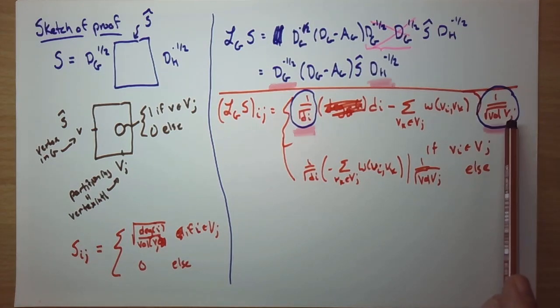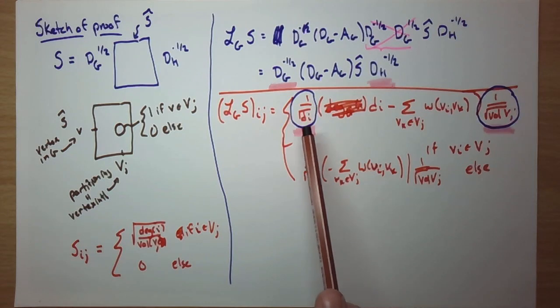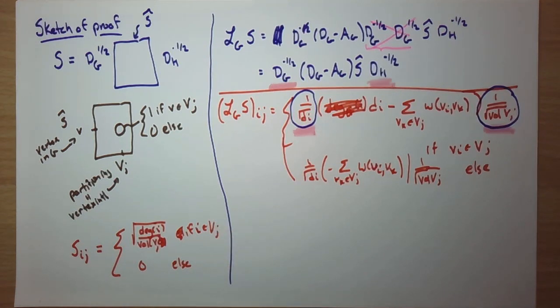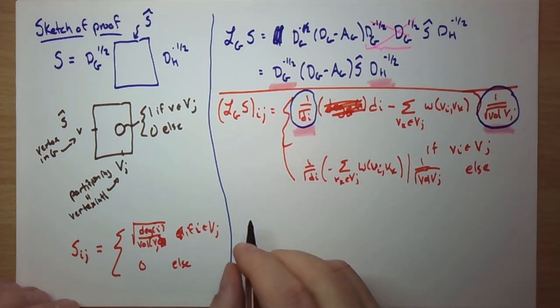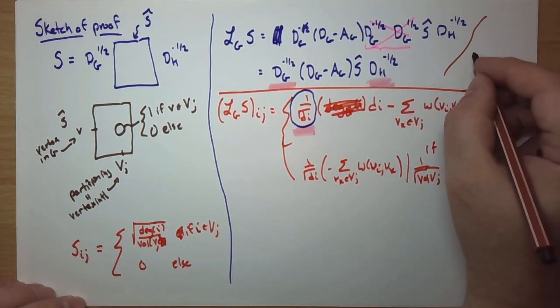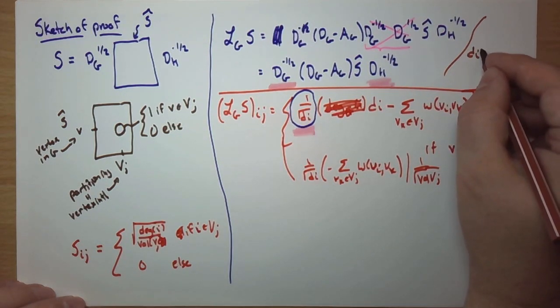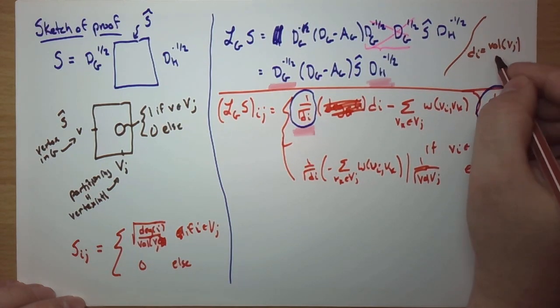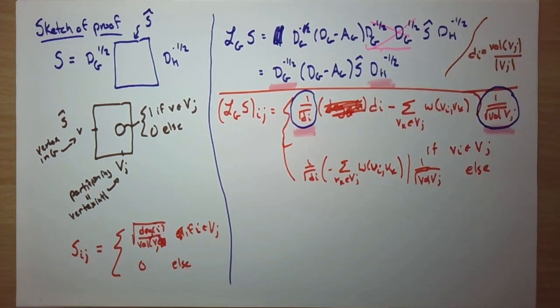What you should think of is that in an equitable partition, all your vertices should look the same. And that's the key thing. And so in particular, we have the following. Our d_i, well, that's the volume of v_j over the number of vertices in v_j. So everything looks the same.